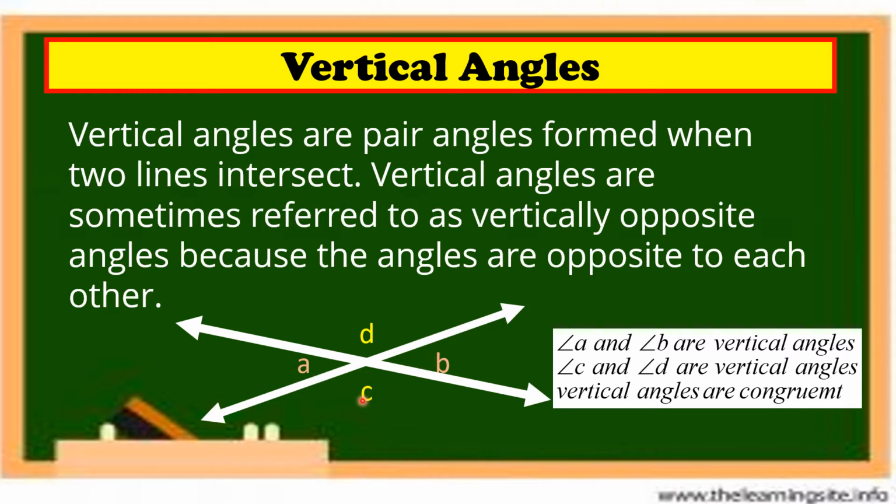We have angle C and angle D. Angle C and angle D are vertical angles. So vertical angles are congruent. It means that the measures of angle B and angle A are the same, and the measures of angle C and angle D are also the same.